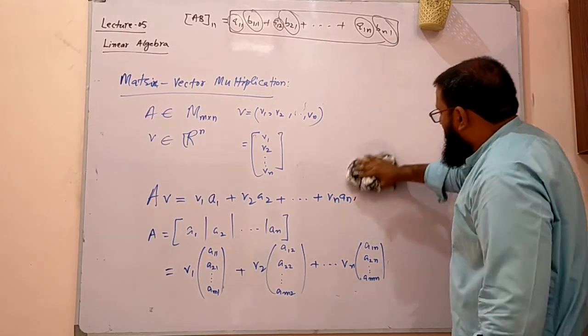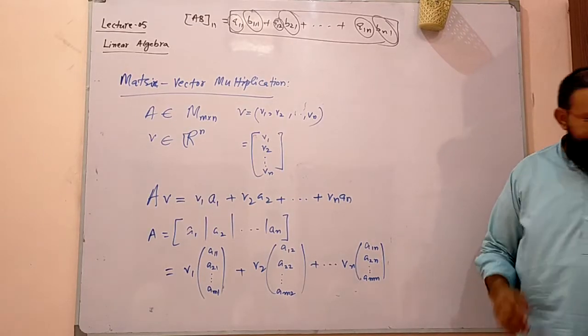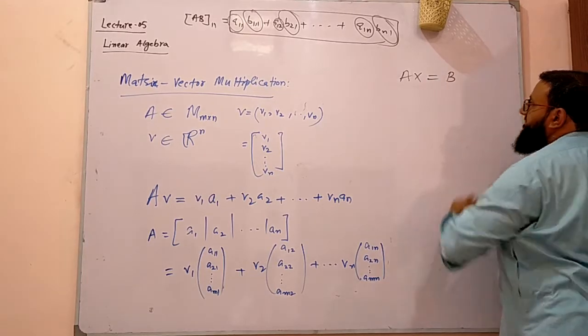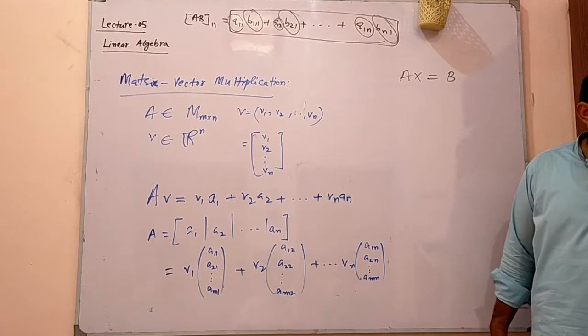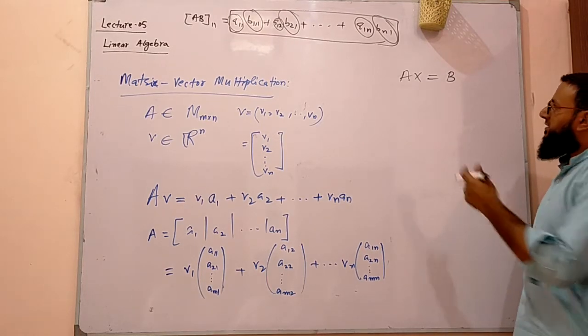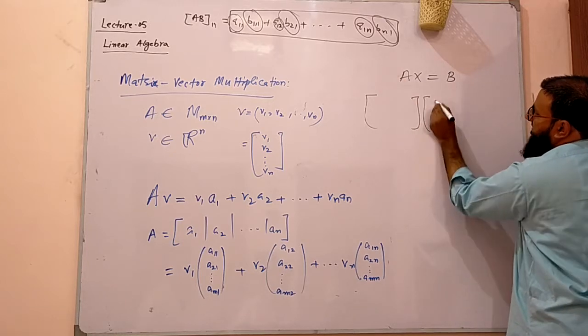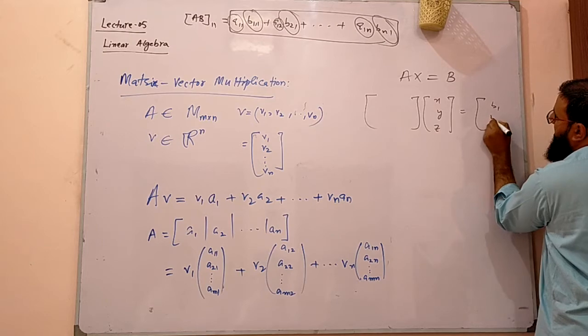Okay, now I can relate this to something you solved in matrices in first year or intermediate mathematics. What is this system? There is a matrix A, there is a variable matrix, and there is a constant matrix.